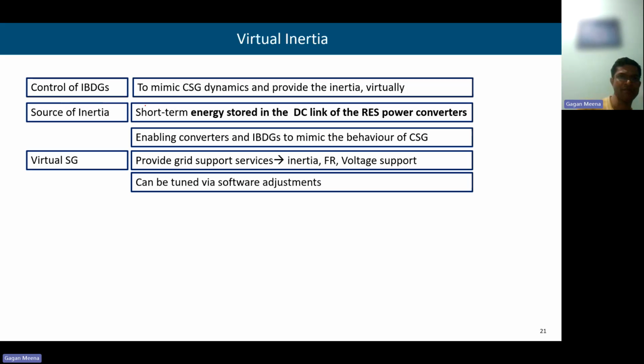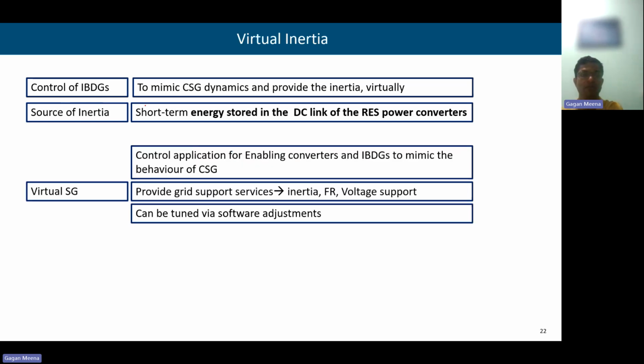In the case of virtual inertia, the source is the short term energy stored in the DC link of the renewable energy source power converter, enabling converters and IBDGs to mimic the behavior of conventional generators. The virtual synchronous generator provides grid support services, inertia, frequency regulation, and voltage support, and it can be tuned by a software adjustment. That is a very big advantage in this case.